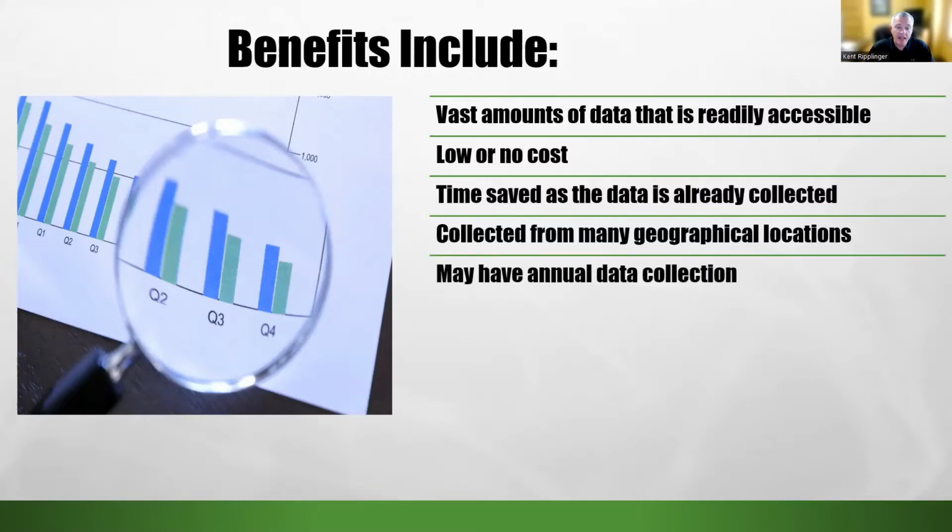You may have annual collection of the data, which could allow for cross-sectional or historical or trend analysis. Obviously, it's lower risk to subjects since you're not subjecting anyone to experiments. All of the experimentation is already done.